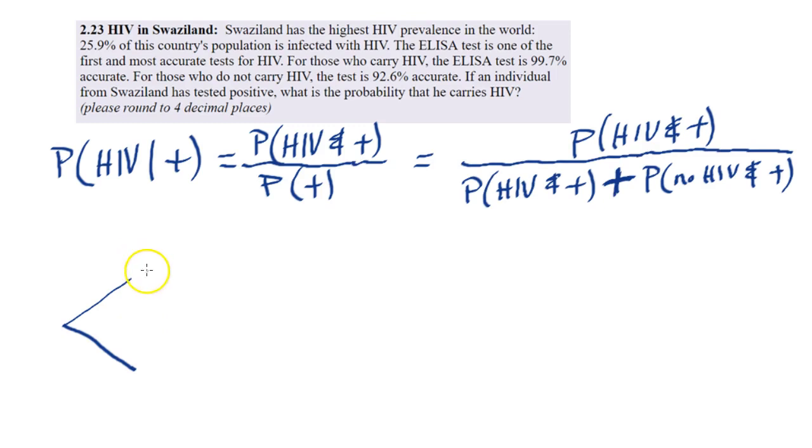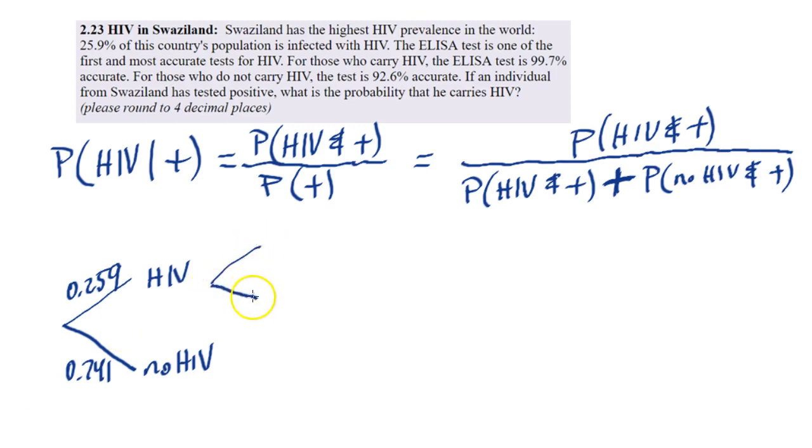probability tree. So first you have HIV and no HIV. And based on the problem, we have 25.9% have HIV in Swaziland. So 0.259 and 0.741, just one minus.